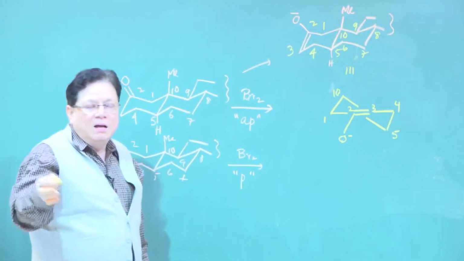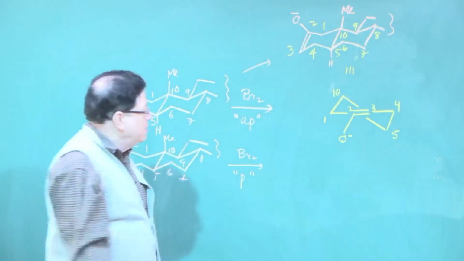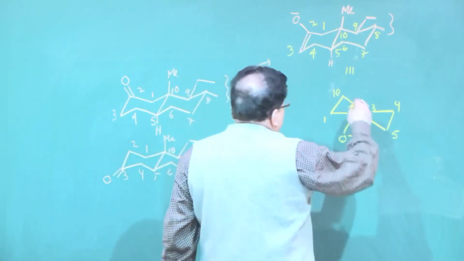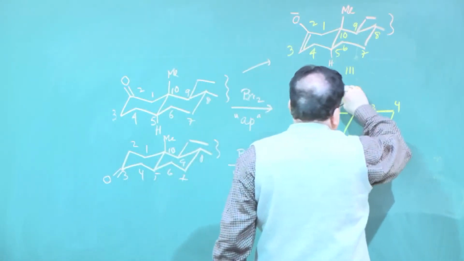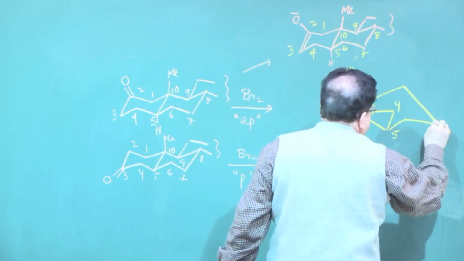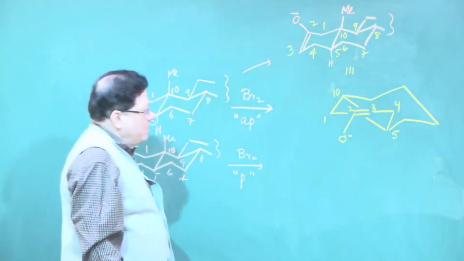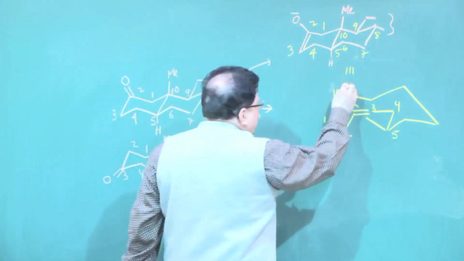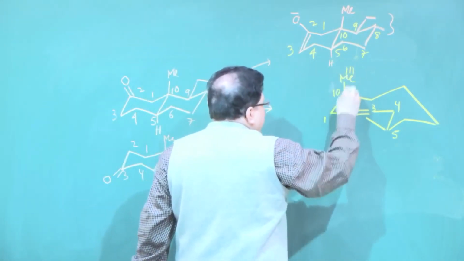6 is the carbon belonging to the B ring. So now you have to draw the other ring. The other ring will look something like this. So, this is the scenario. Where is your methyl? The methyl is at this position.